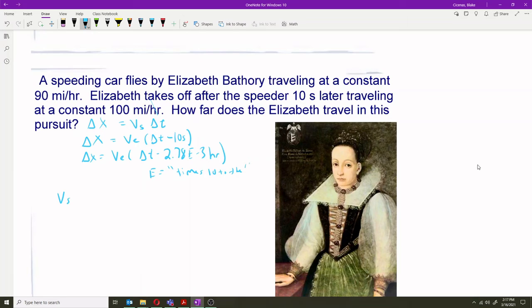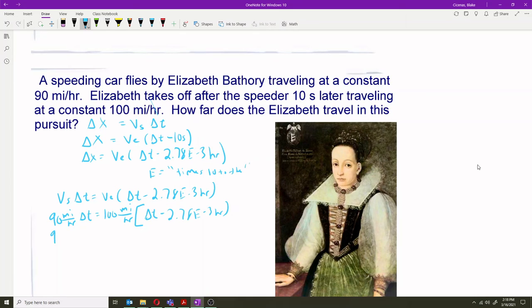So that'll be Vs delta t equals Ve delta t minus 2.78 e negative 3 hours, plugging in actual numbers. Vs would be 90 miles an hour, delta t equals Elizabeth's 100 miles an hour, delta t minus 2.78 e negative 3 hours.